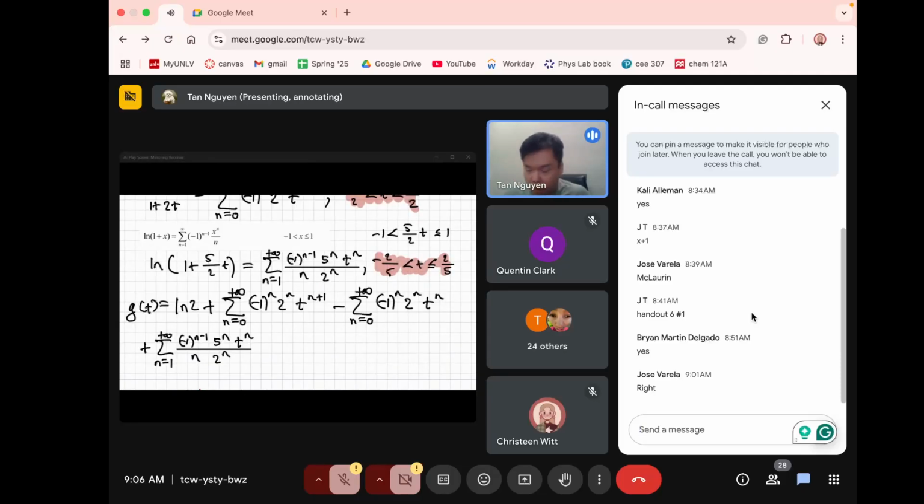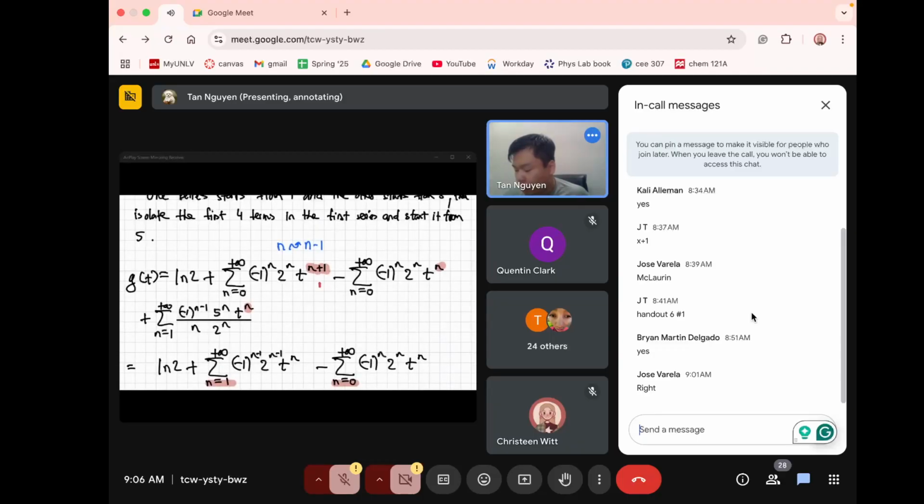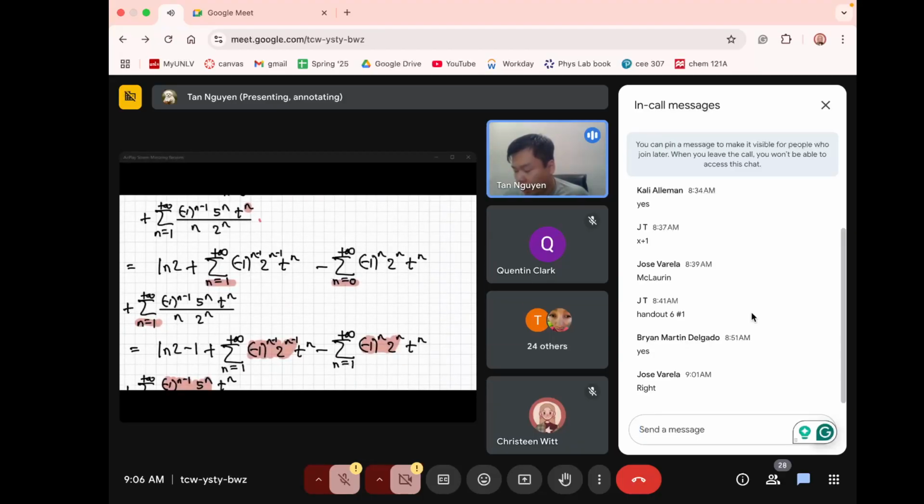Here, the centers are the same, so change the powers to match them. After you match the power, now you match the running index.